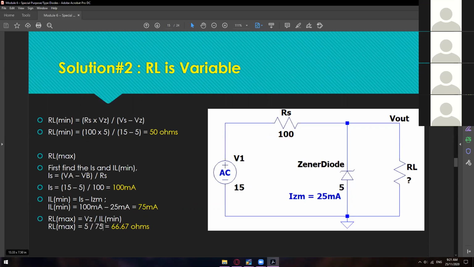There should be an mA here, which is milliamps. So 5 divided by 75 milliamps, then you will get 66.67 ohms. Let me just write this one, so that I know that I have to change this one. Slide 15.